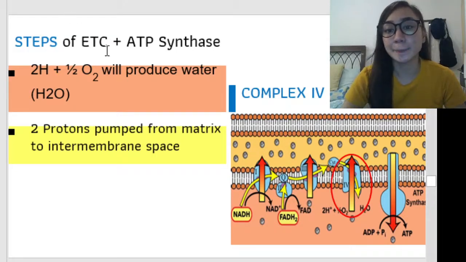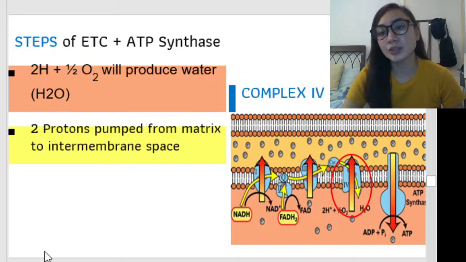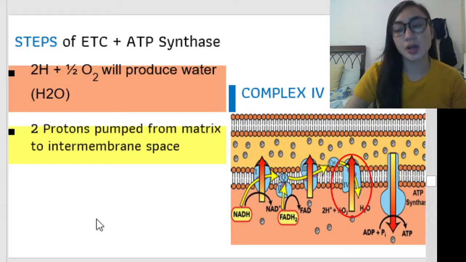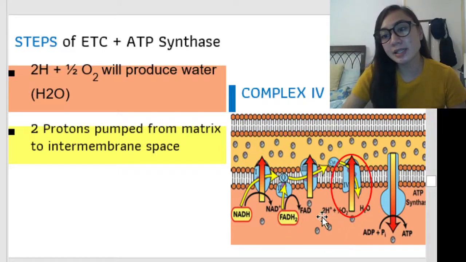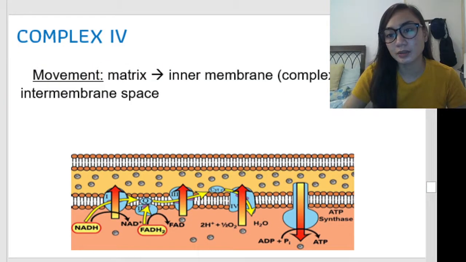Pag nakipag-react siya with oxygen, magiging water. And yung the remaining 2 na protons o ating hydrogen ion, it will be pumped up galing sa matrix papunta sa intermembrane space. So again, yung 2 hydrogen gagamitin para makabuo ng water, and then the remaining 2 hydrogens will be pumped up to intermembrane space.